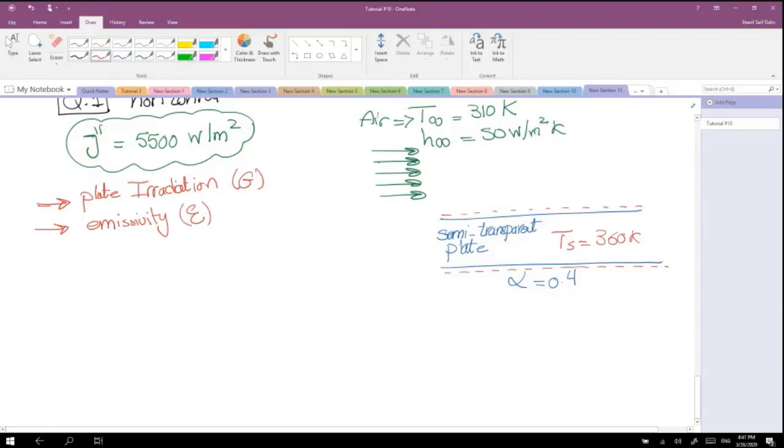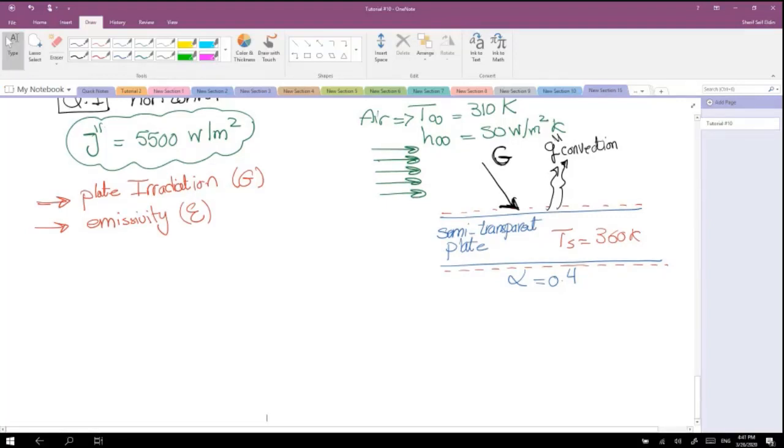All right, so what we're gonna do is draw a very simple schematic of that plate showing the irradiation coming in. Also there is Q double dash by convection going out because there is air flowing over that flat plate with a heat transfer coefficient of 50.